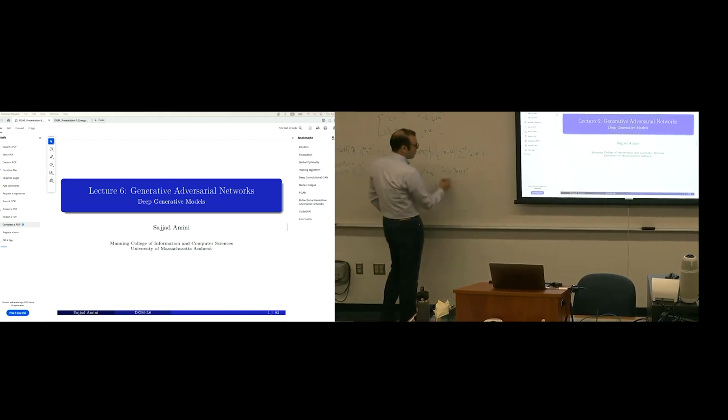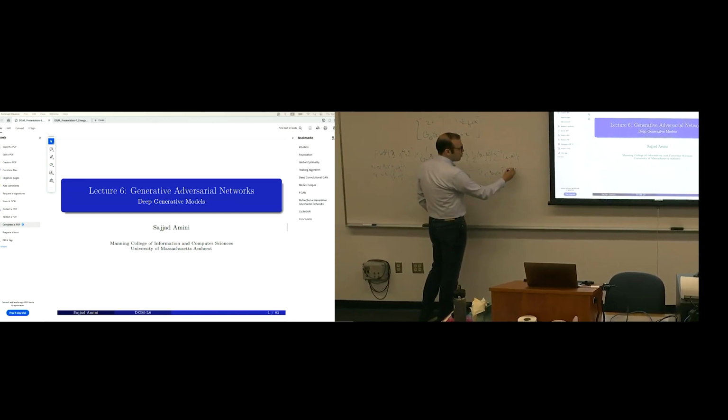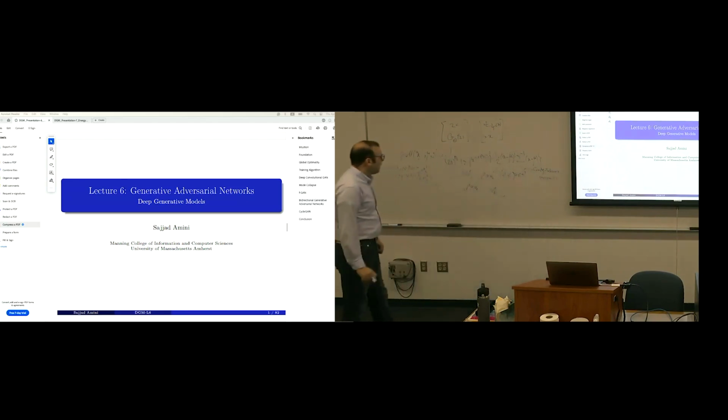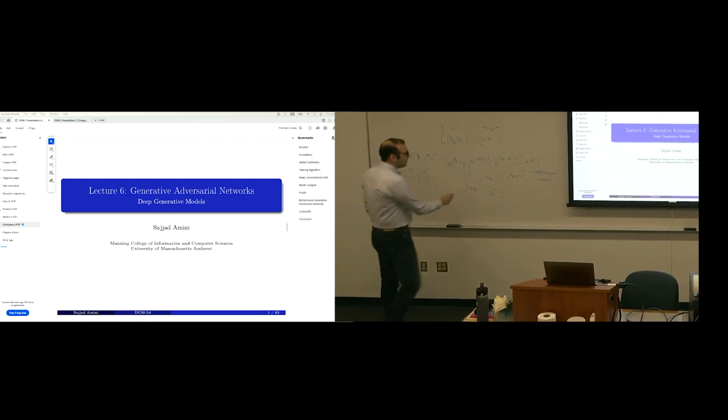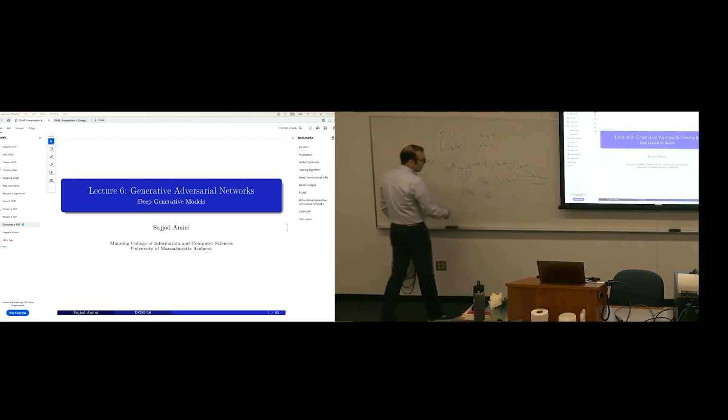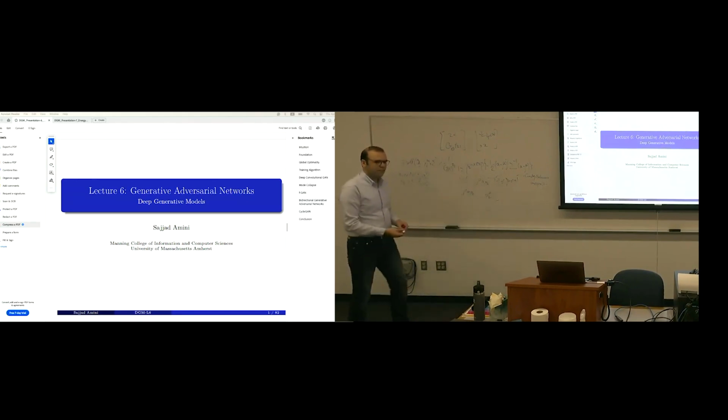You can show this property using the Cauchy-Schwarz inequality. And thus, based on the value of rho, which can take different values, the joint will change.